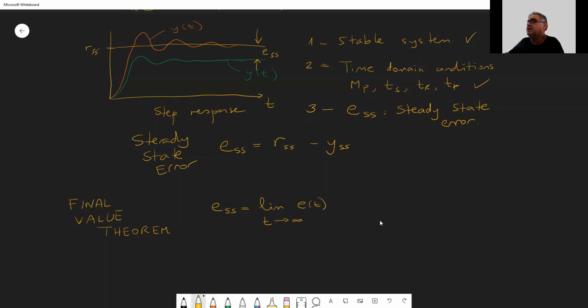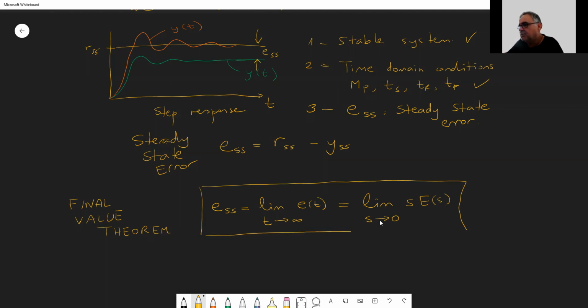When things settle down, assuming that they settle down, is equal to the limit as s goes to 0 of s times E(s). We have looked at this in the Laplace transform section, if you remember. But this is a very important theorem which we will be using.